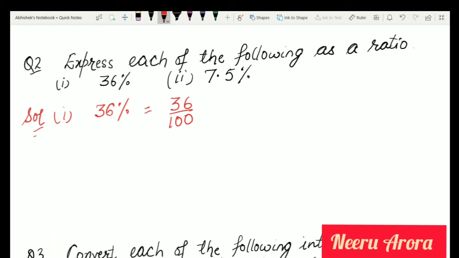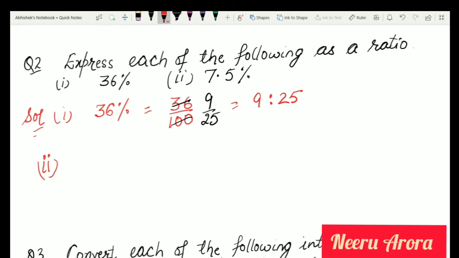And now in the second step, reduce this fraction to the simplest form. So here it is 4 9s are 36 and 4 25s are 100. So 9 upon 25 we can write as a ratio, it is 9 ratio 25.